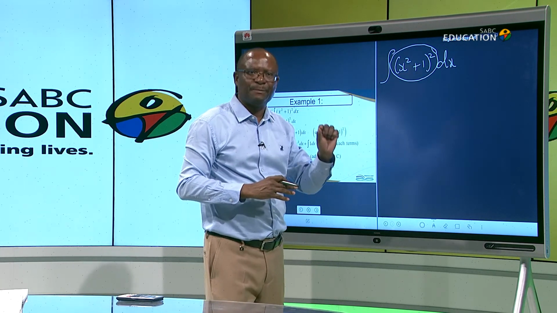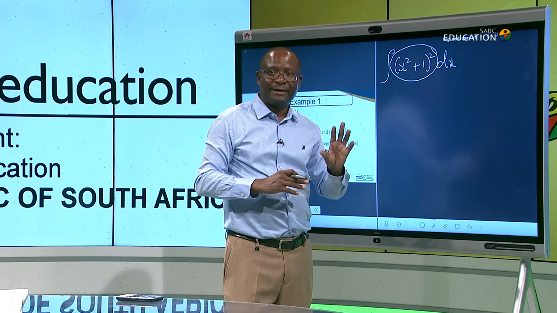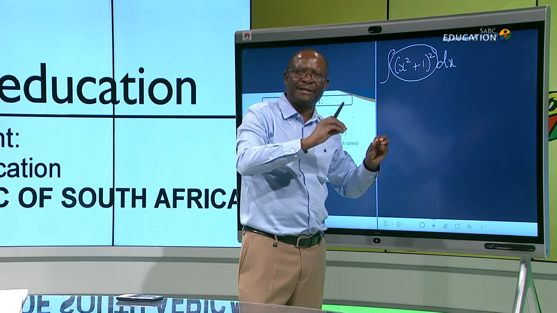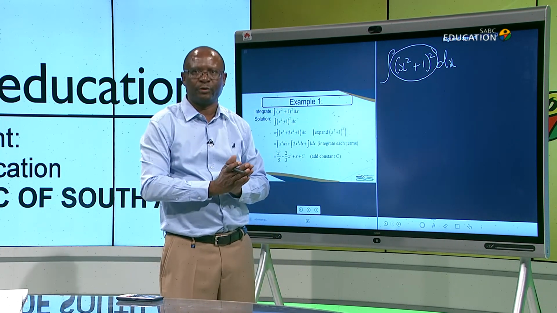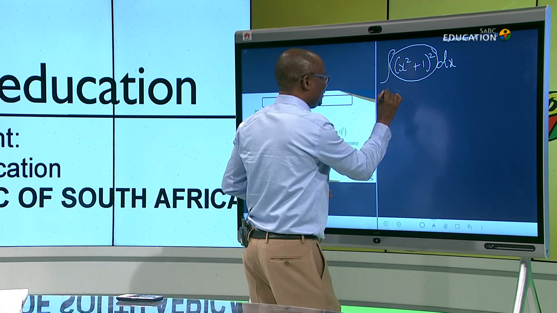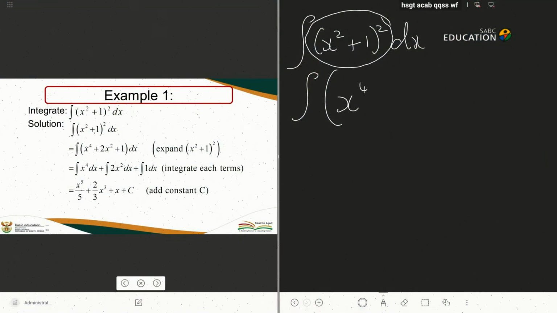And please, regardless of how advanced you are, don't use the methods that are not prescribed by your exam guideline, like the substitution rule. What we need here is to do the expansion, which will be the integral of x to the power of 4 plus 2x squared plus 1 dx after the expansion.